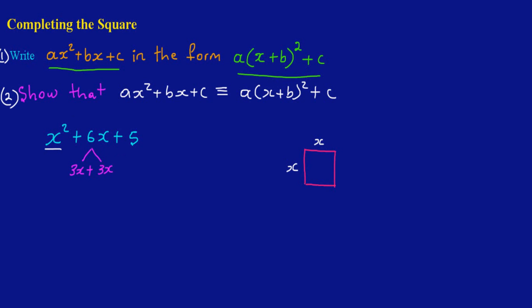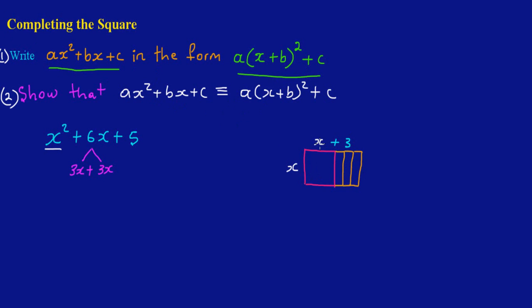To make this a bit easy, I'm taking half of b, which is half of 6, which is 3. So this is 1, 2, and this would be 3 pieces. So here we have a plus 3.